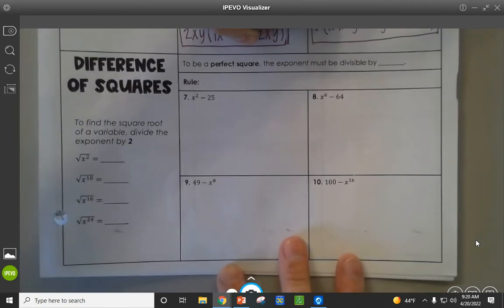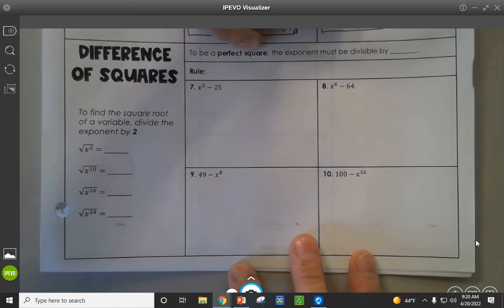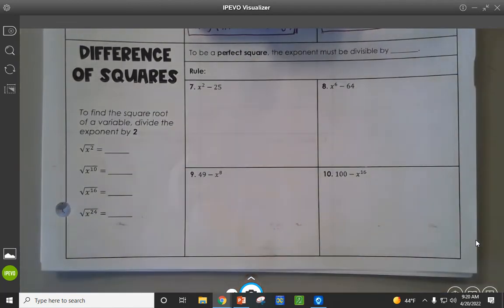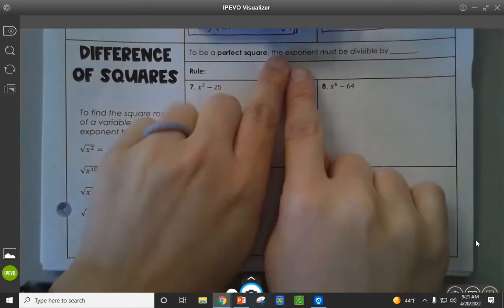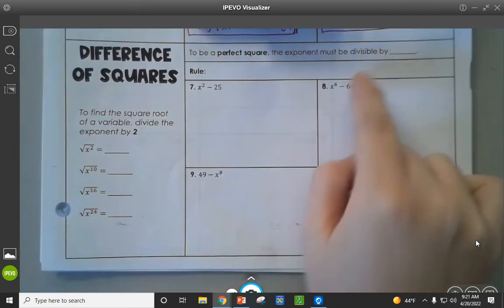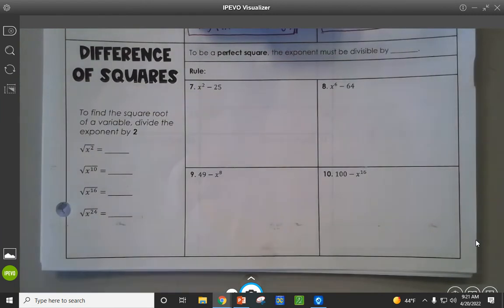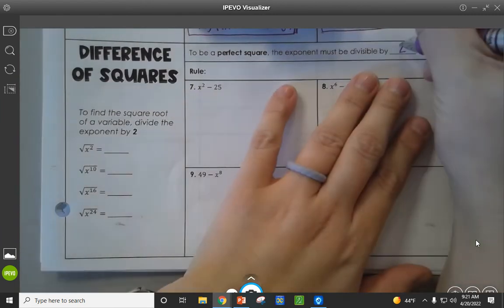We've talked about perfect squares as far as the numbers go. 1, 4, 9, 16, 25, 36, and so on. Those are up there on the board. But variables can also be perfect squares. In order to be a perfect square, the exponent must be divisible by 2.